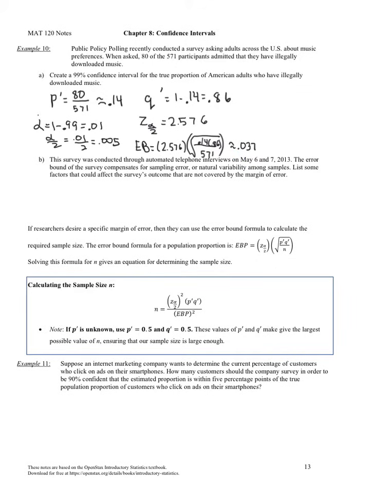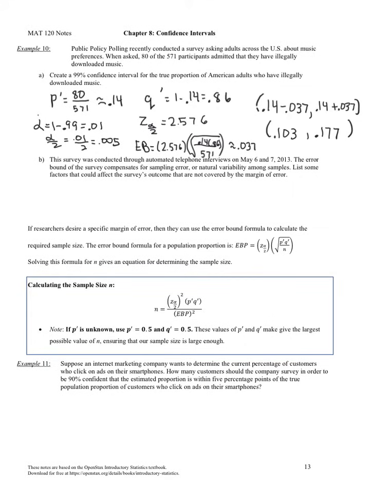So we need to add 0.037 to our mean, and we have to subtract 0.037 from our mean, or in this case, our p prime. And we should get a final answer. Now, for those of you who prefer to do this by hand, that's what you would do. I really prefer the graphing calculator though. As you can see, it's a lot faster.